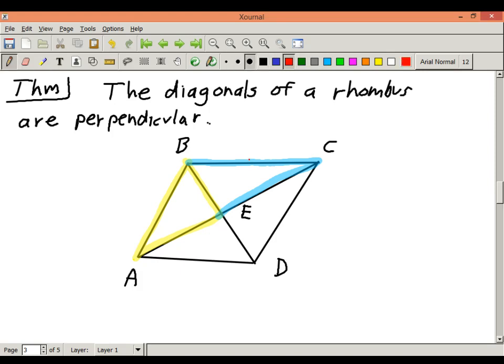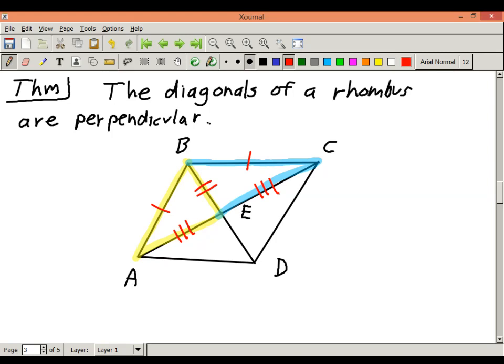First of all, we know that sides BC and AB are congruent because that figure is a rhombus. We know that BE is congruent to itself by the reflexive property. We know that AE is congruent to CE because diagonal AC gets bisected.